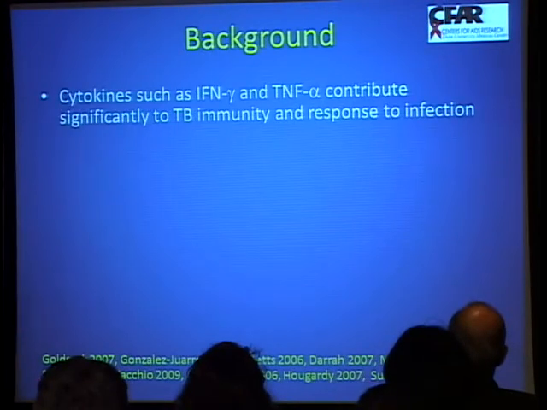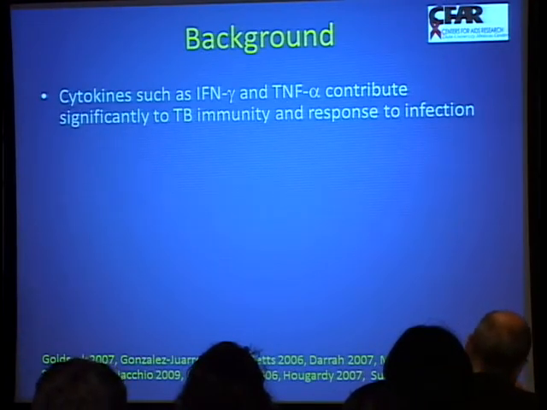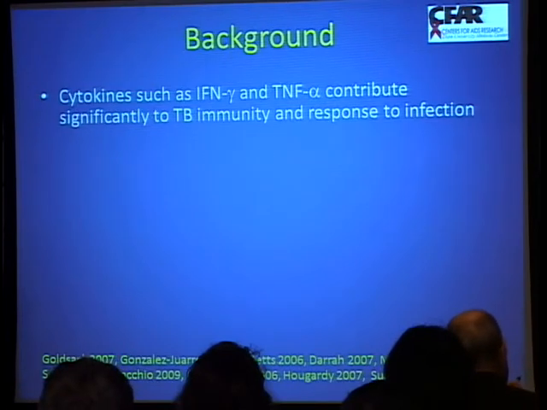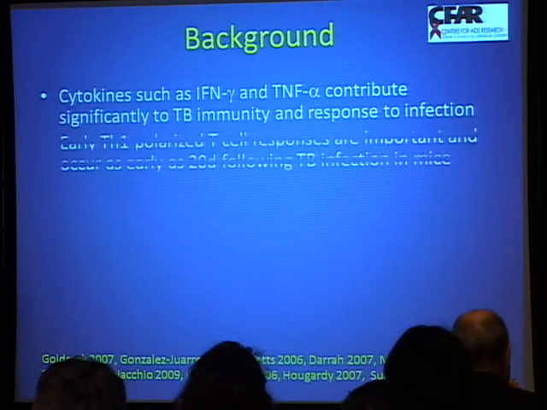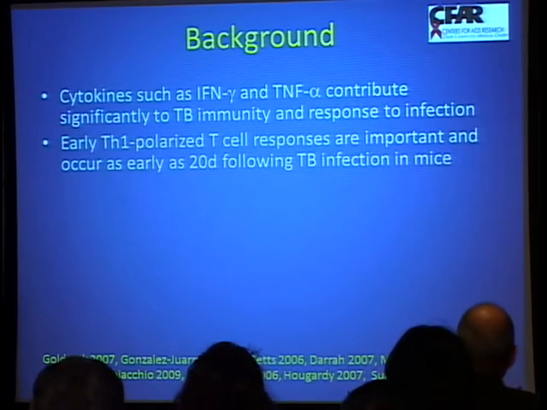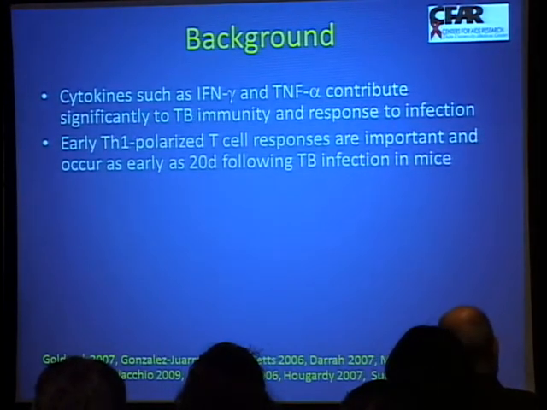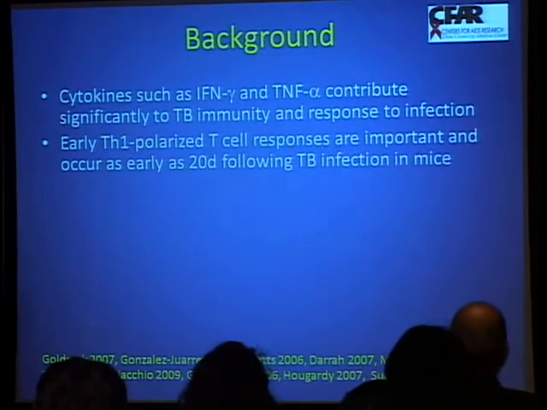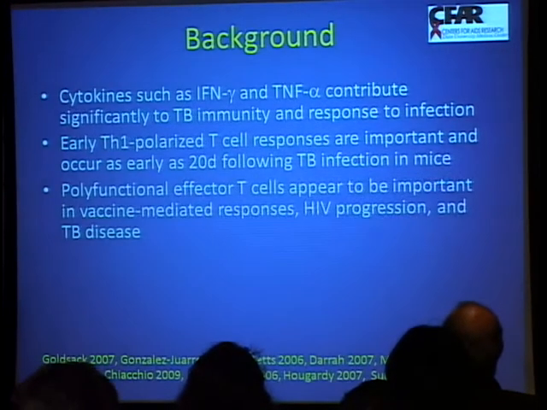So we do know that cytokines such as interferon gamma and TNF alpha are key, and they contribute significantly to TB immunity. There's also quite a bit of evidence that early Th1 polarized T-cell responses are important and occur as early as 20 days following TB infection in mice and other animal models. So clearly this balance is important for TB immunity.